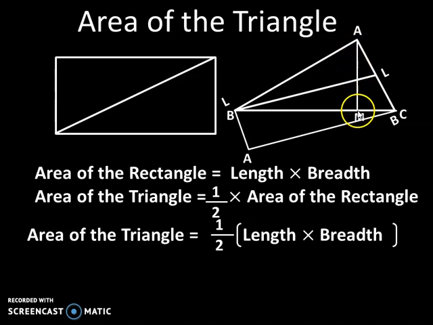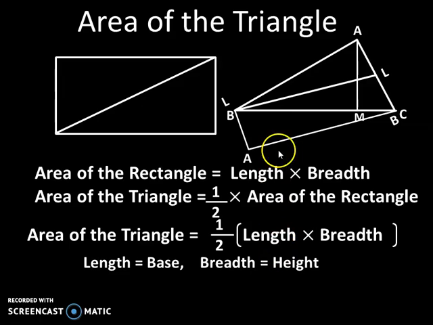It is a straight line that comes from a vertex to the opposite side. That opposite side will be called the base. So the base is equal to the length, and this height will be called the breadth. Whenever you have to find the area of a triangle, it is 1/2 length into breadth.